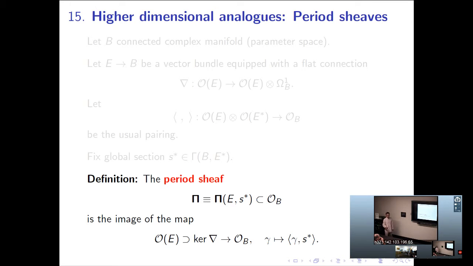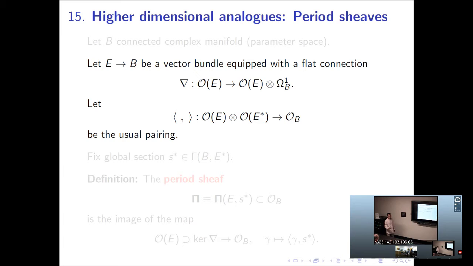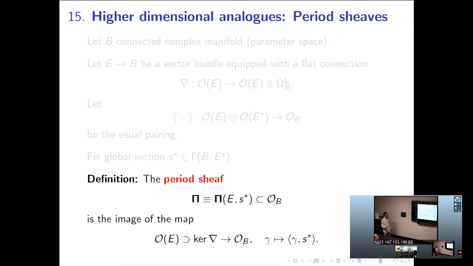For example, in our previous example of the Legendre family, S star is the one from omega sub lambda, and this gamma is represented by one cycles. So S star is a section of E star. We of course do the pairing between E and E star. But gamma is a flat section, right? Gamma is a locally flat section.